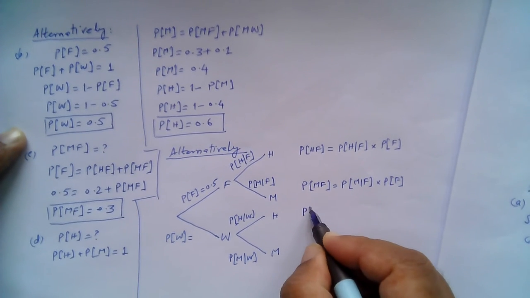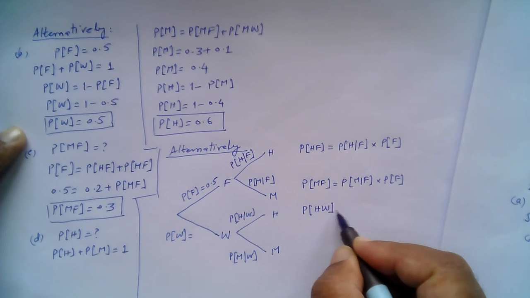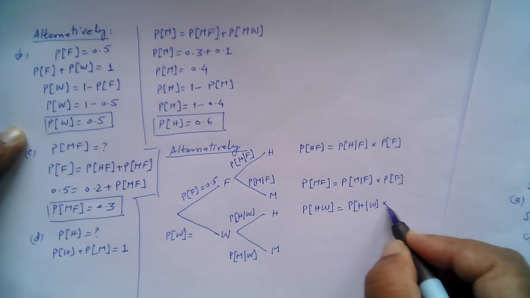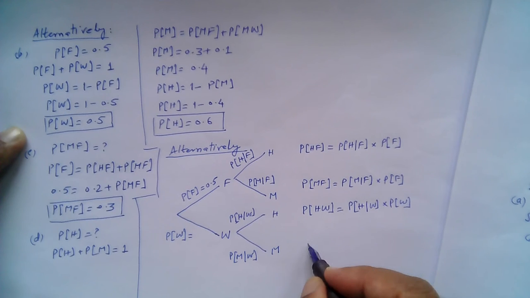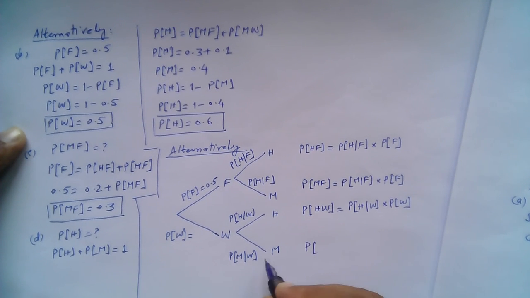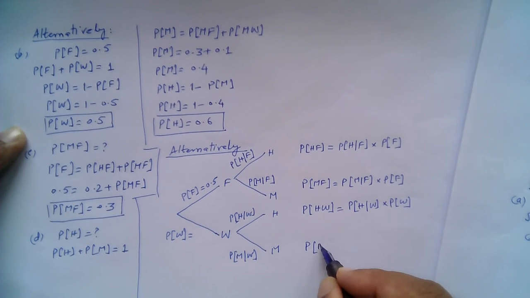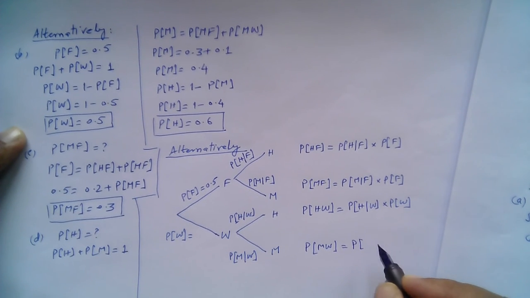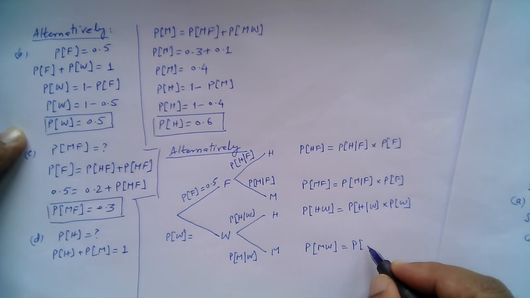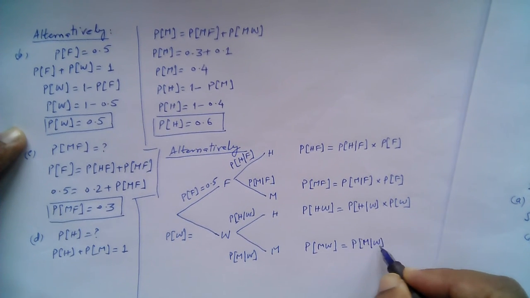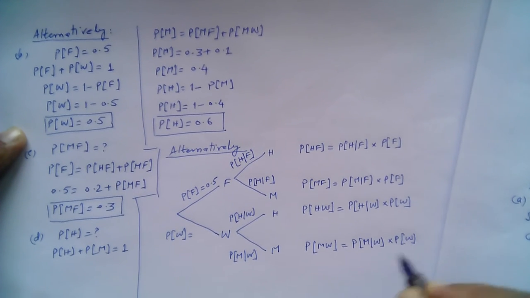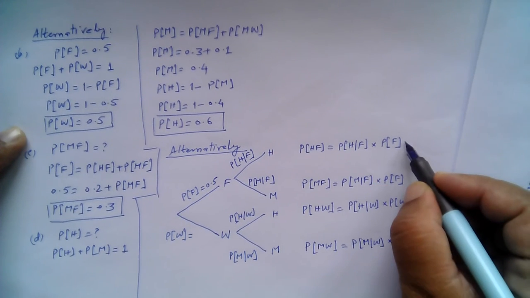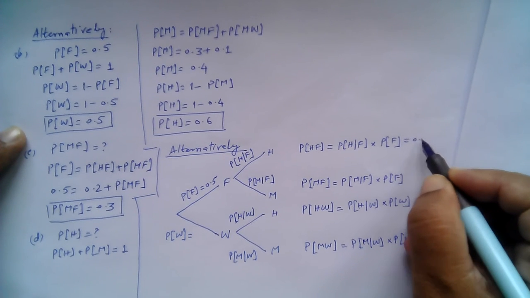This is probability HW, and this is equal to probability of H given W multiplied by probability of W. Similarly, this is probability MW, and this is equal to probability of M given W multiplied by probability of W. So now we are given this value, probability of HF is equal to 0.5, right?